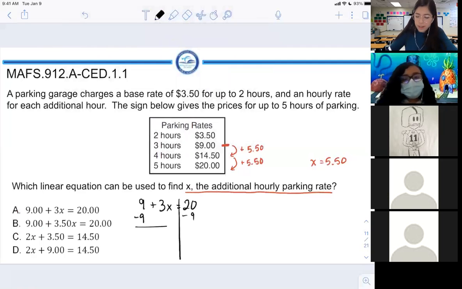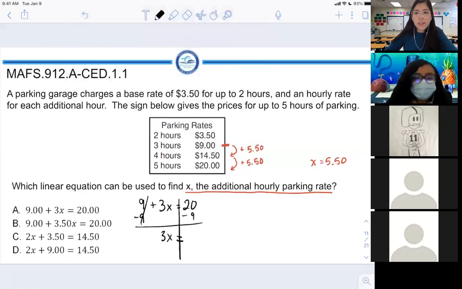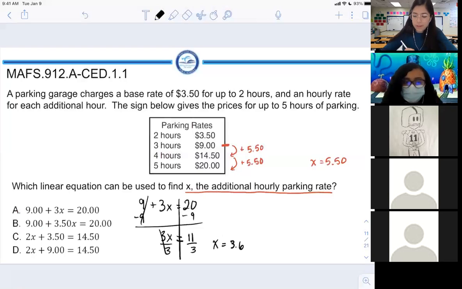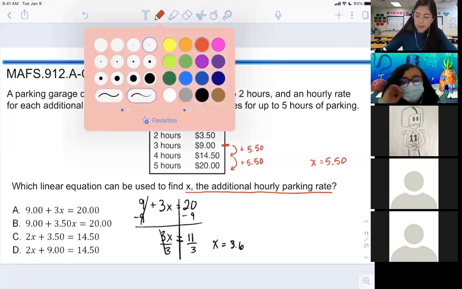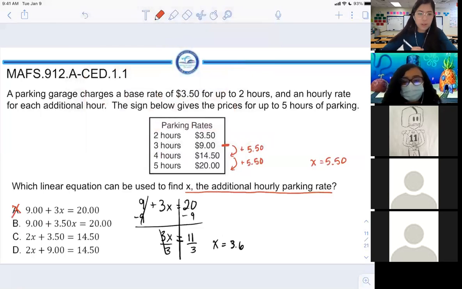What's 20 minus 9? 11. Yeah, that's already wrong. 11 divided by 3, what does that give me? 3.666666667. Right, so I already know that that one is wrong.